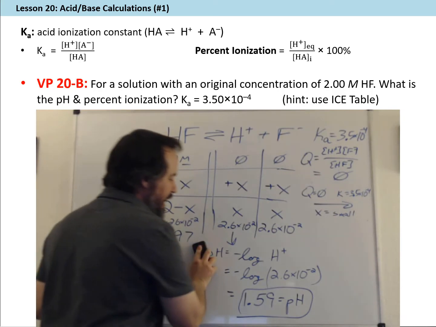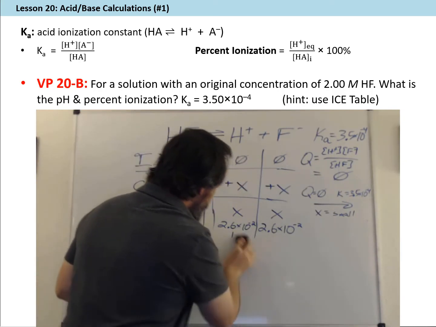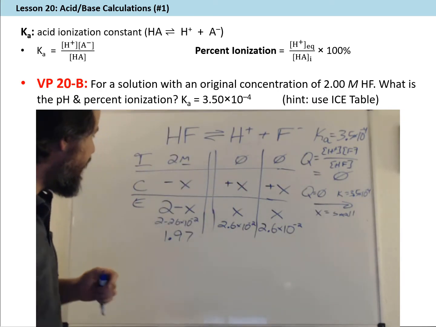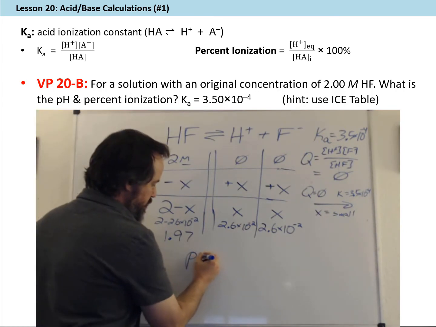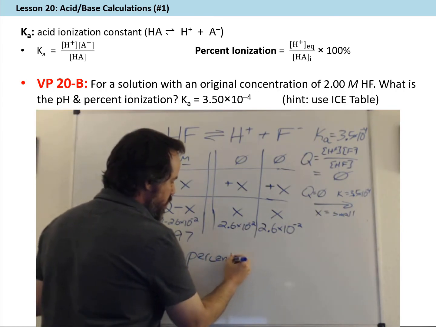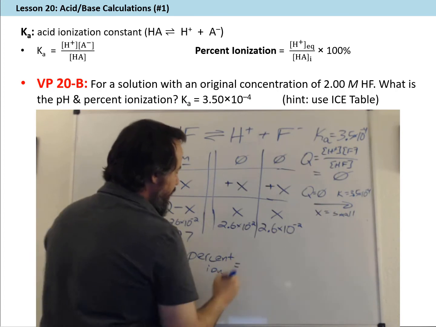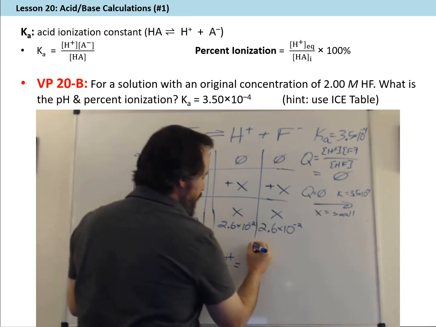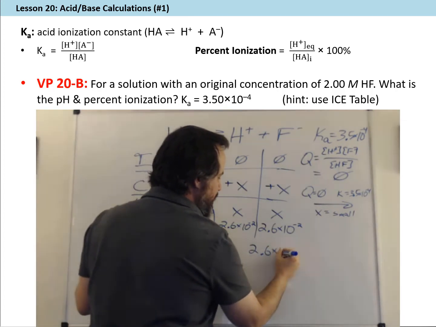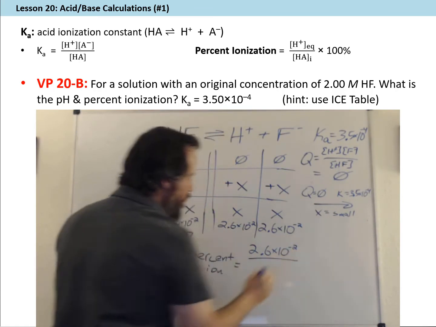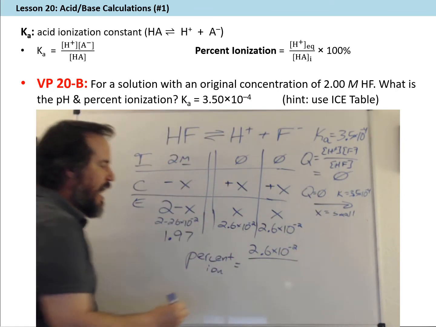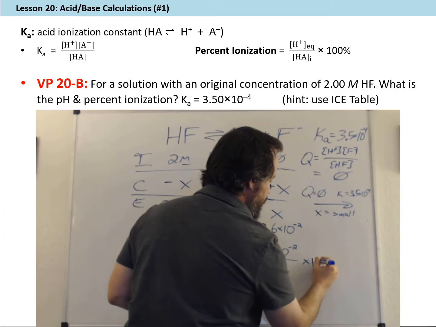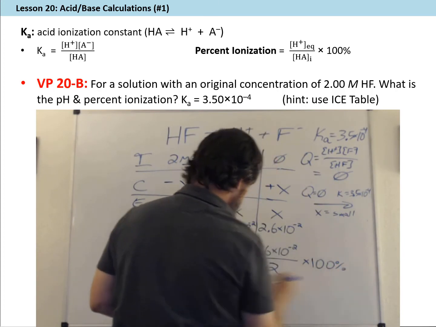All right, let's go ahead and answer the second part of this question, which asks for the percent ionization. All right, so for the percent ionization, I use my H plus at equilibrium. That's 2.6 times 10 to the minus 2 over the amount of acid I had at the very beginning. And then I multiply by 100%. Okay.